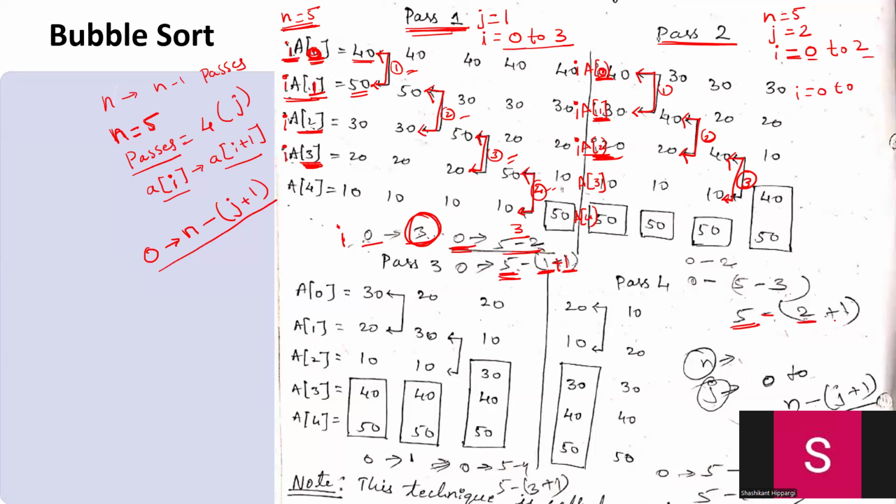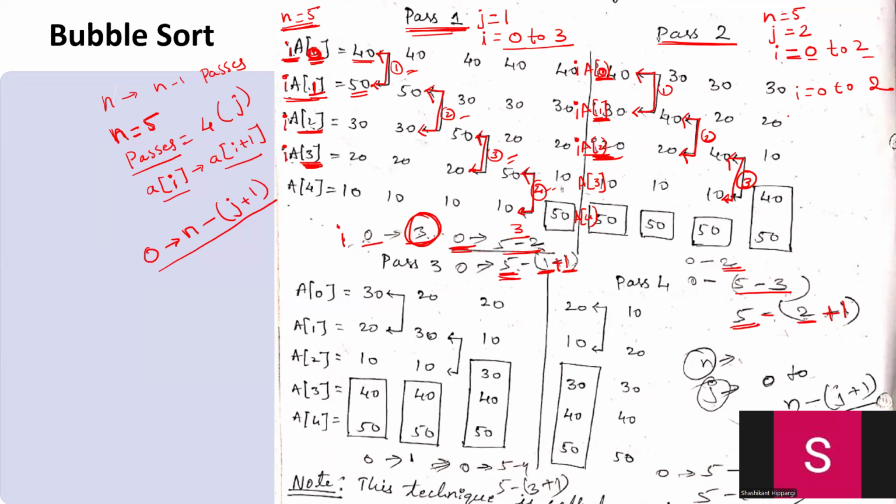We are in pass 2, plus 1. So this will be 5 minus 3, and 5 minus 3 is nothing but 2. So I will be from 0 to 2. So 3 comparisons will be done: 0, 1 and 2.